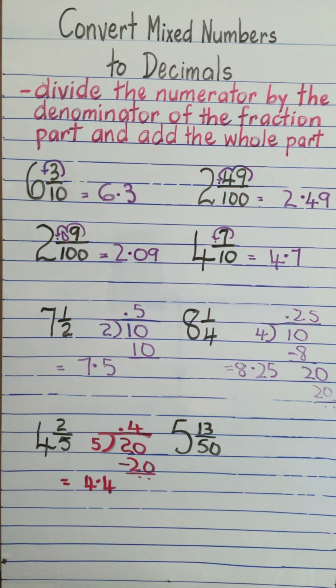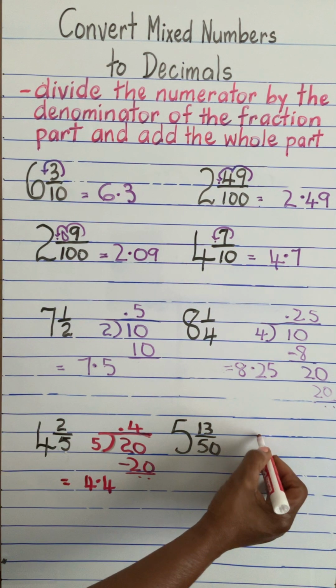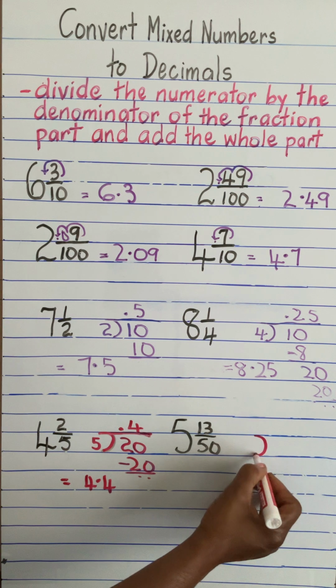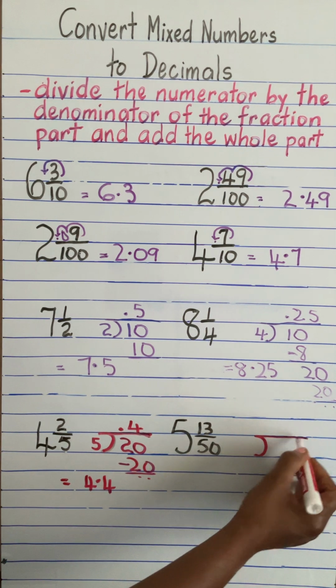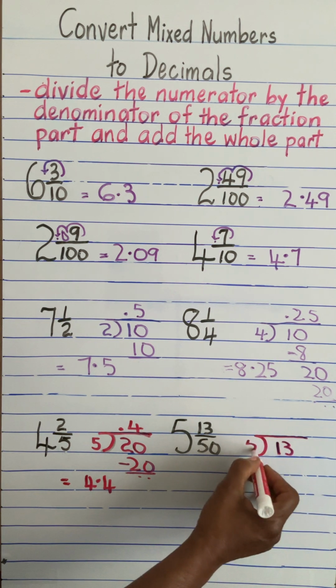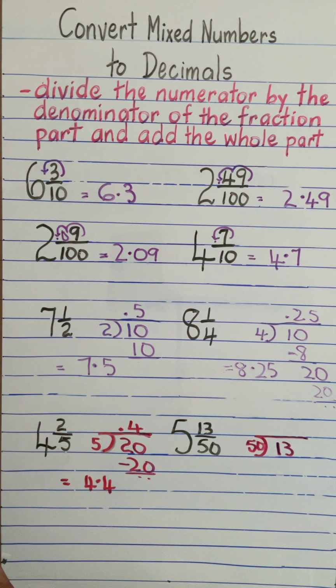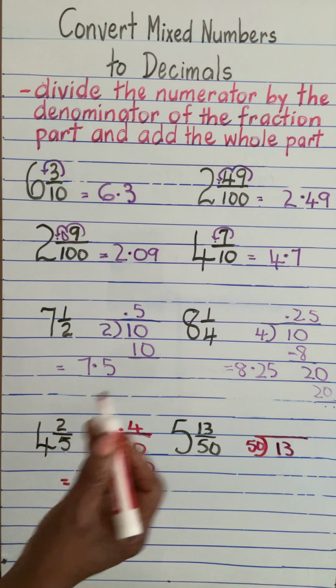Next, we have 5 13/50. Divide 13 by 50. How many times can 50 go into 13?